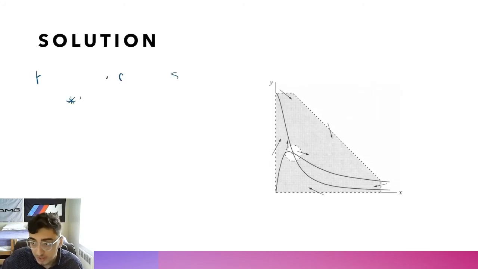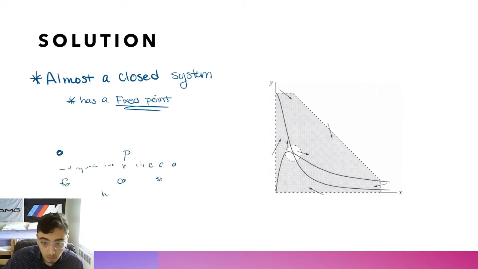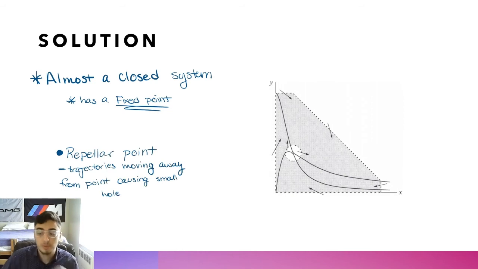Now, what he did with this information was he drew out the region, but the problem was that it is almost a closed system, but it has a fixed point. And as we discussed, the PD theorem cannot have a fixed point within it, or it is not closed. So what we do is we use the small loophole with something called a repeller point.